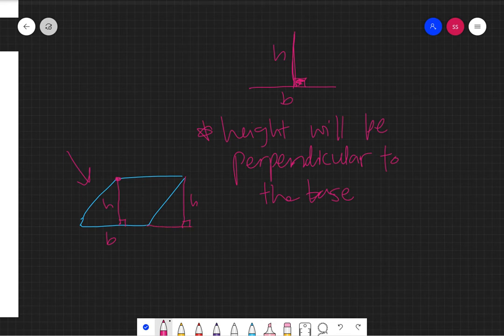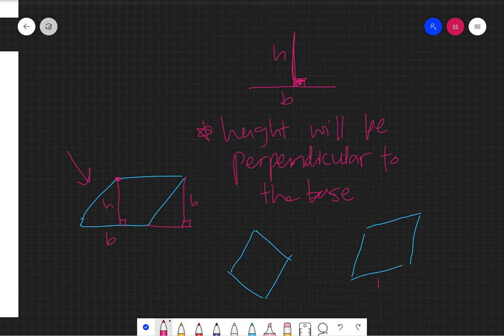Okay. The reason I bring this up is because sometimes they'll try to trick you and draw a weird sideways kind of, even more slanted shape, or maybe it almost looks like a diamond, right? So sometimes they'll try to trick you and just give you a bunch of measurements.